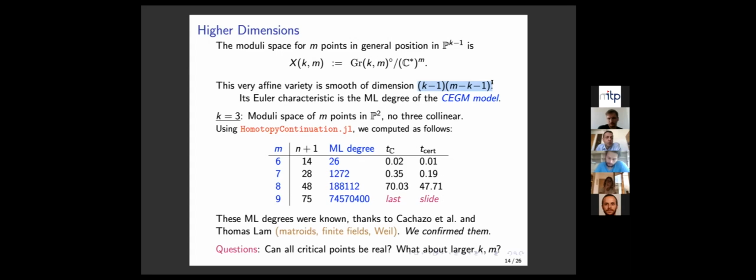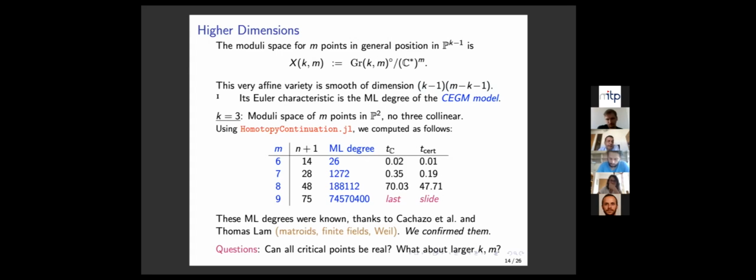So if k is 2, then this is the familiar m minus 3 from 5 minutes ago. Now, this being smooth, the Euler characteristic of this space, of this manifold, is the ML degree of the CEGM model. So the number of critical points of the likelihood function of the potential is equal to the Euler characteristic of this space.